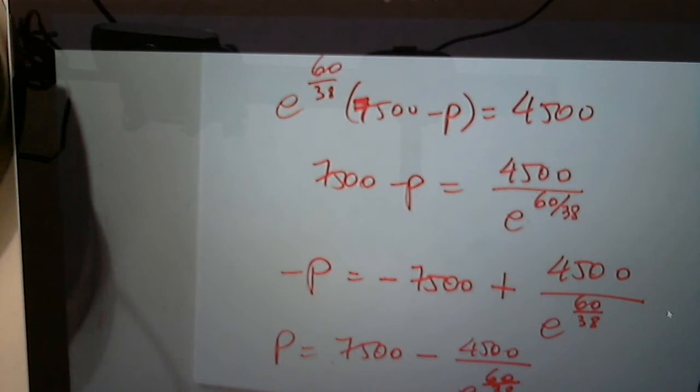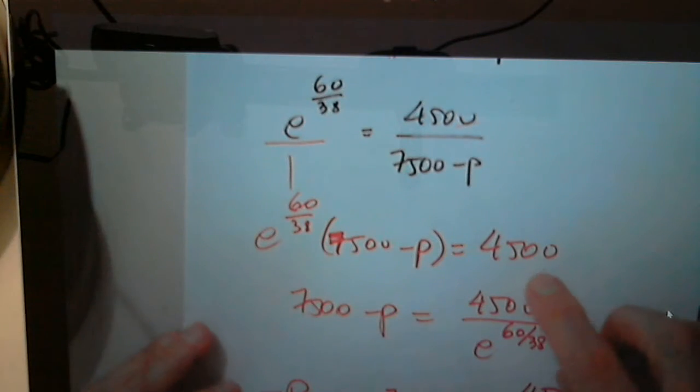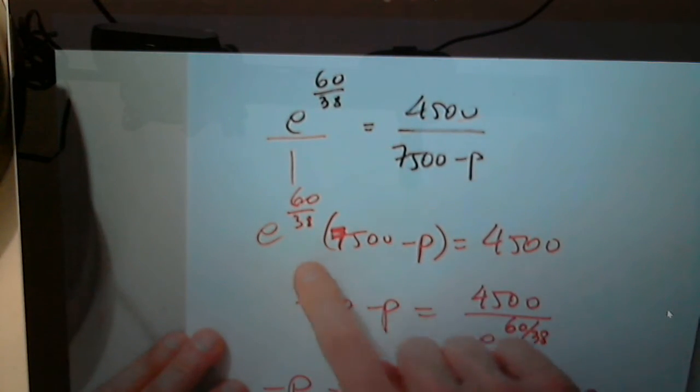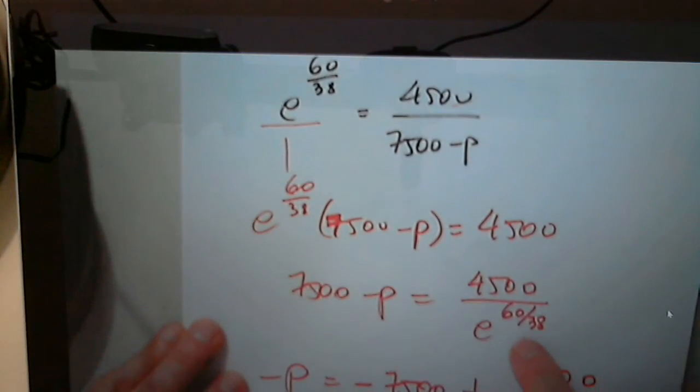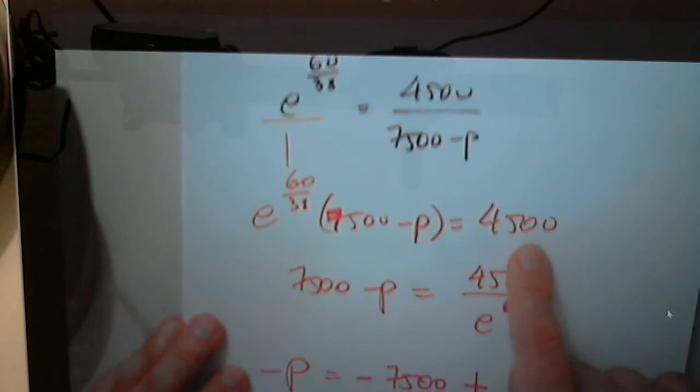So let's take a look. Are we okay? Were you able to copy it? So I have a question. I understand how we had the e to the 60 over 38 with the parentheses, 7,500 minus p equals 4,500.